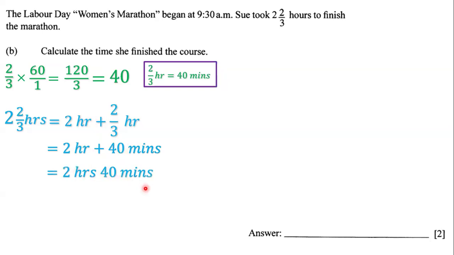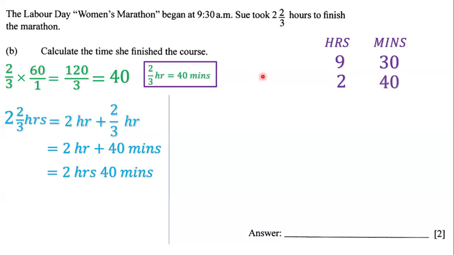They're asking us to calculate the time that she finished the course. We know that she started the course at 9:30 a.m., so we put 9 hours and 30 minutes. She took 2 hours and 40 minutes to finish the marathon, so we add 2 hours and 40 minutes.